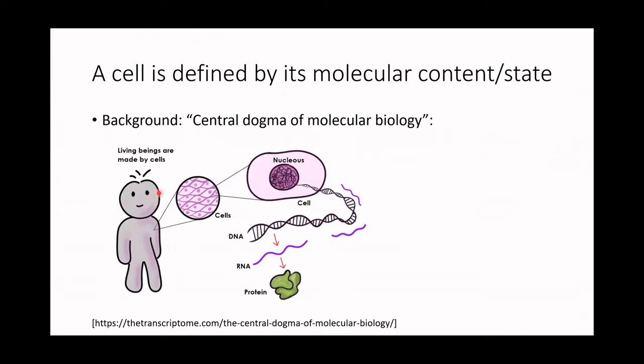So living beings, here is a cartoon of one person, are made of cells. And then you take a look at one of those cells, there's a nucleus there, and then you look at the genome, the overall DNA content compressed into chromosomes within this nucleus, right? So that is identical from one cell to the other cell. But then these different parts of the genome, these are the different genes.